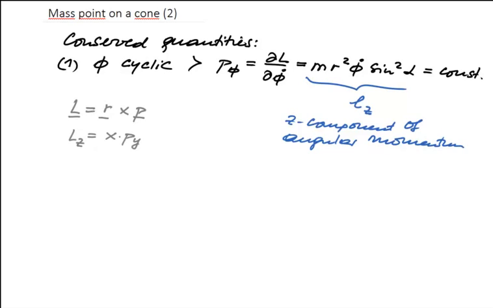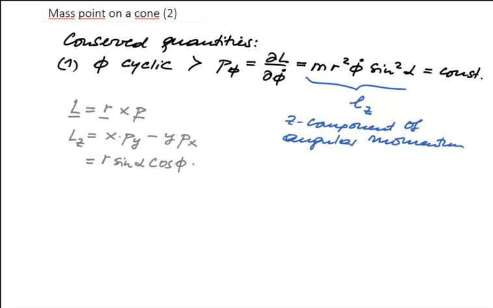Here we are talking about physical momentum again, and we are looking at Cartesian coordinates. So x times p_y minus y p_x. What was x according to our coordinate transformation? That was r times sine alpha cosine phi.